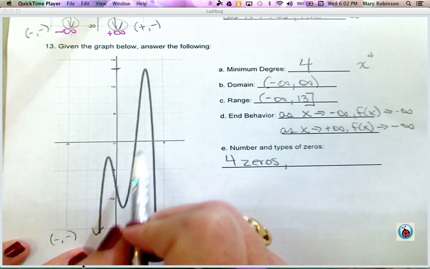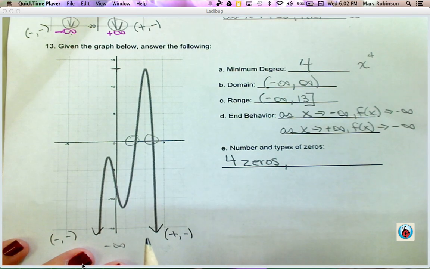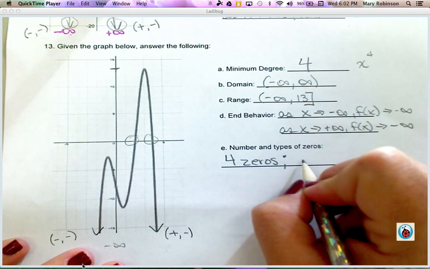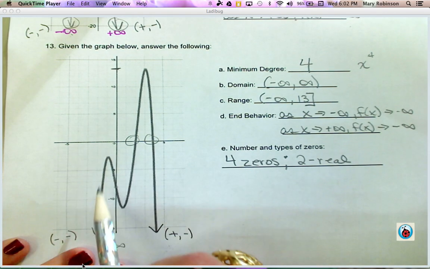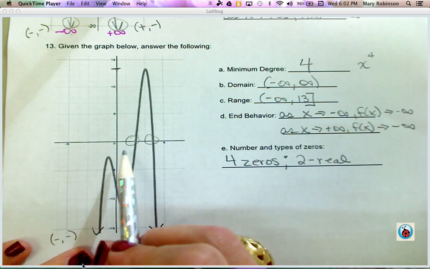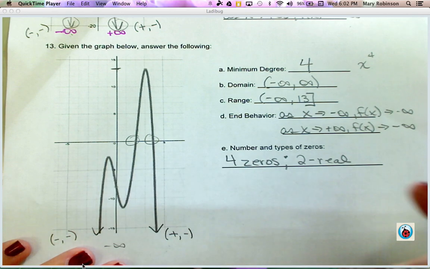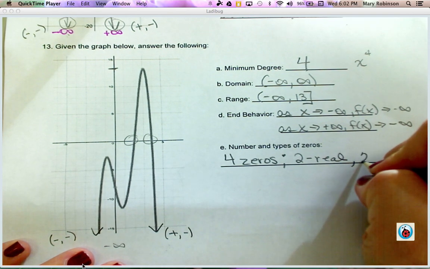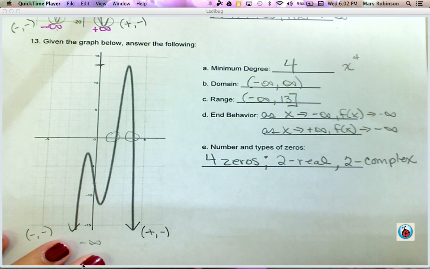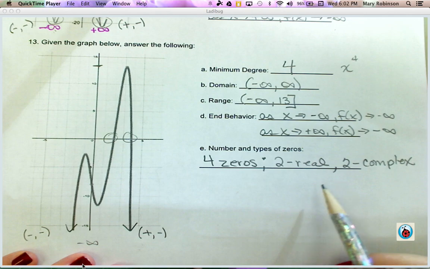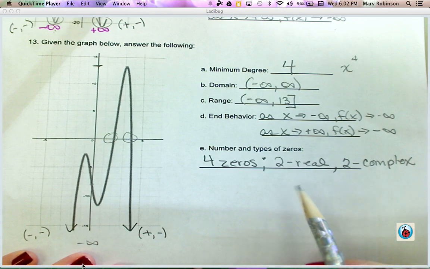But when we look at this graph, we only have 2 real ones. If we don't see any others, that means the other 2 zeros are complex or imaginary. Remember, when solving equations we get i. That means the zeros are 2 complex and 2 real.